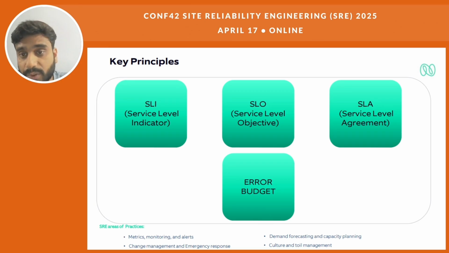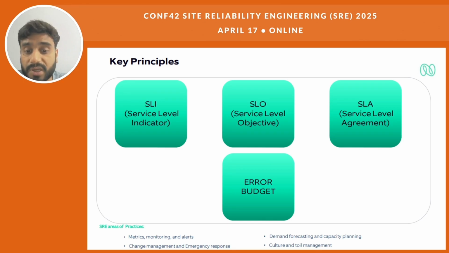Then the emergency response. Practically, sometimes the system will be down, so you need to be ready for whatever kind of emergency comes, and work on how early you can get your system back up and running.